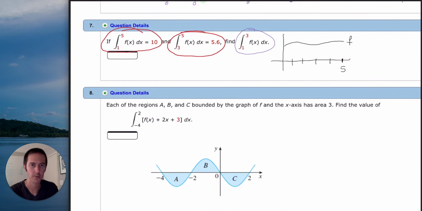Okay, that's a little bit closer. One of our integrals is going from 1 to 5, so we need to have the 1 on there. Another integral is going from 3 to 5. Okay, so those are all of our limits of integration. And the full integral, this entire area in here, our first given piece of information tells us that entire area is 10.